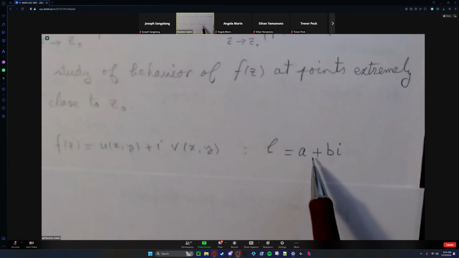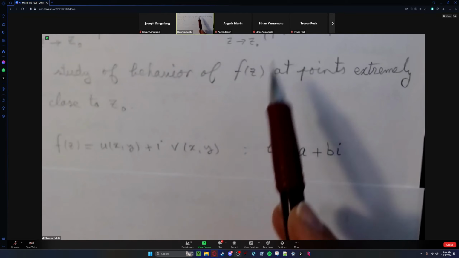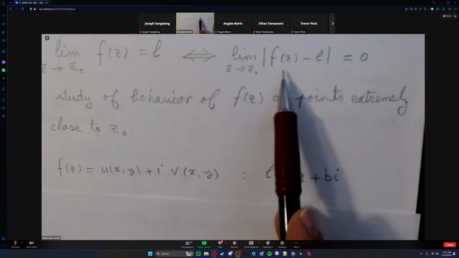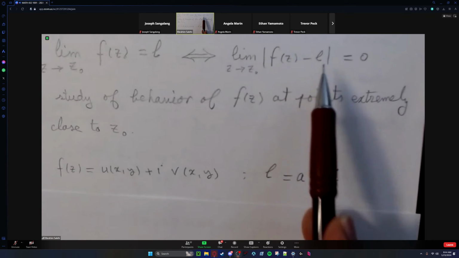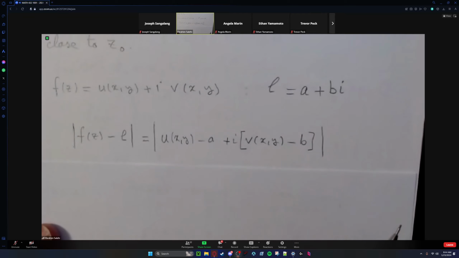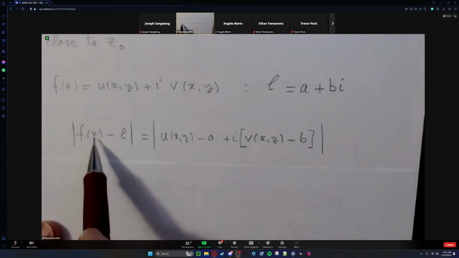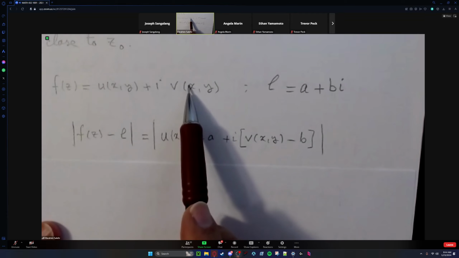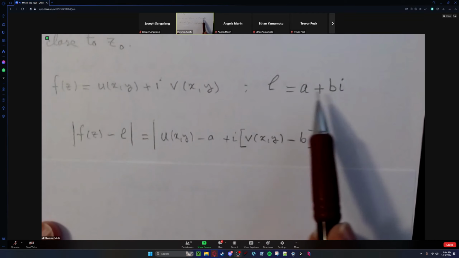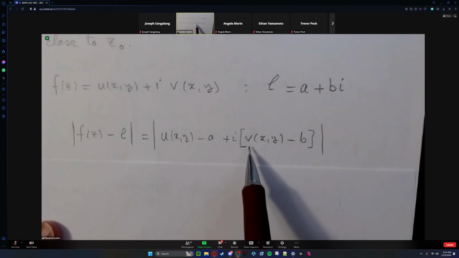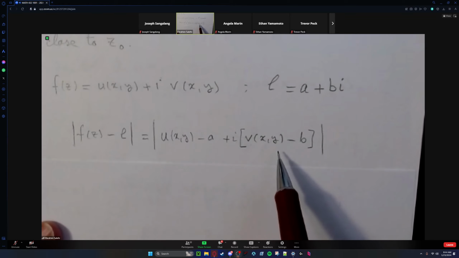So the limit is L. So put it in here, in the modulus of f of z minus L. If I do that, this is what I get. This is f of z minus L, so u plus iv minus L. Putting reals together and imaginary parts together, this is what we get.